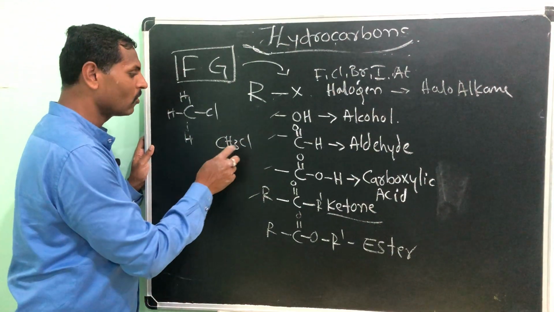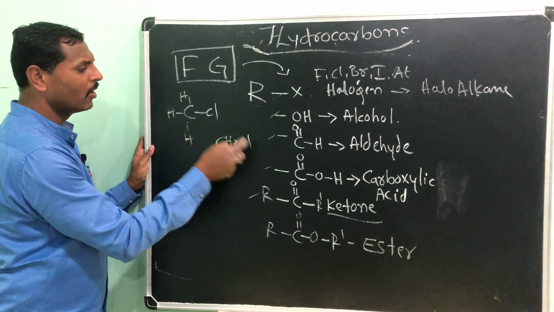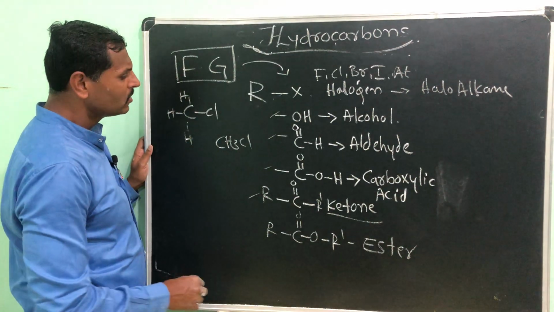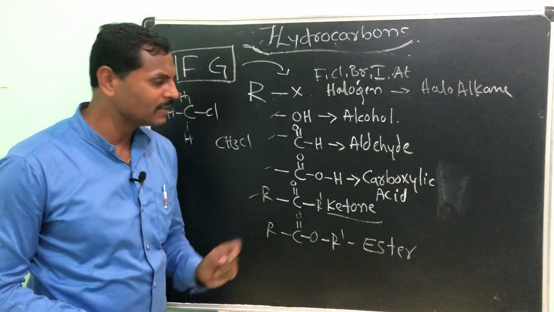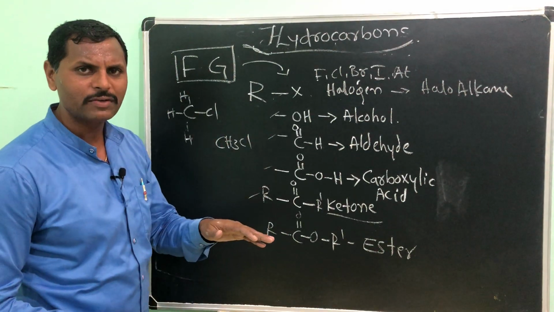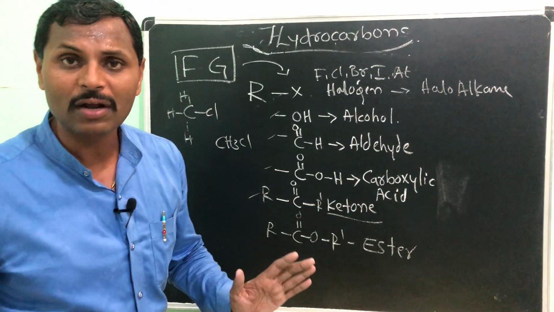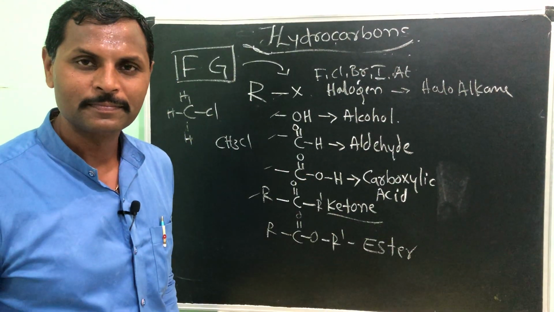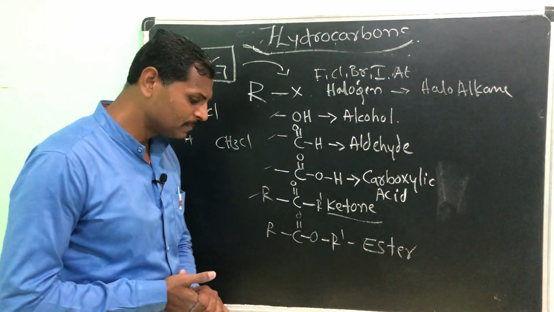CH3Cl, chloromethane. CH3, how many hydrogens are there? 3, 1 chlorine. Okay, so earlier it was only methane. Simply by removing one hydrogen from it and adding a chlorine to it, the entire property of the hydrocarbon is changed. That is the beauty of functional groups. What are functional groups?